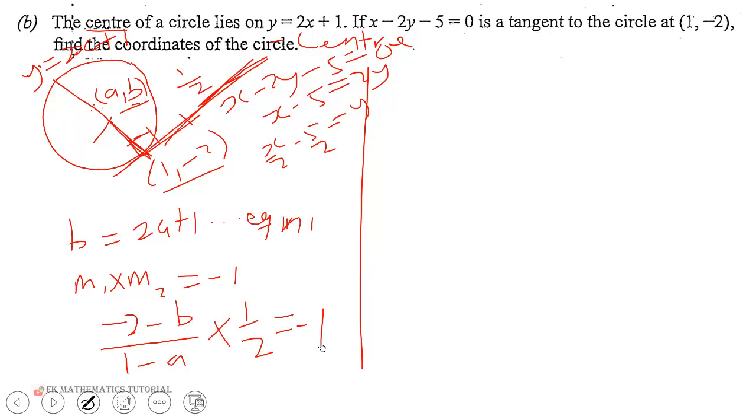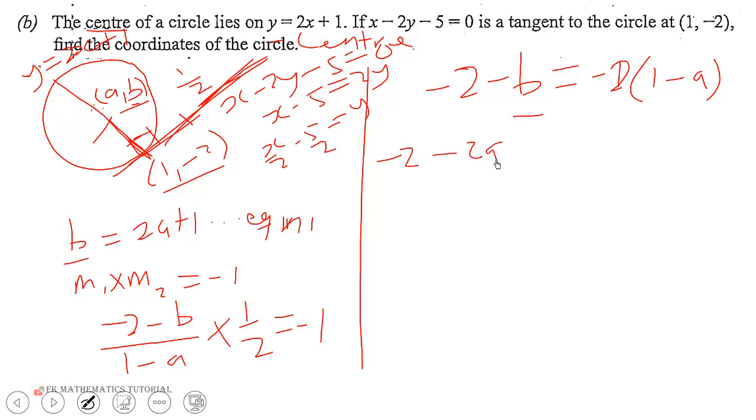So this implies that -2 minus b is equal to -2 into bracket 1 minus a. So when I put b here, I'll get -2 minus 2a minus 1 is equal to negative 2 plus 2a.